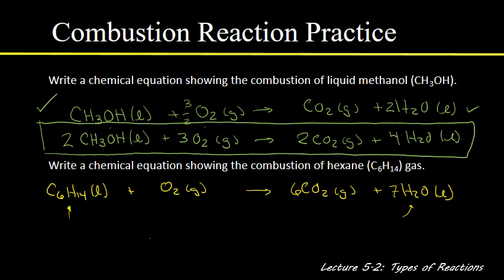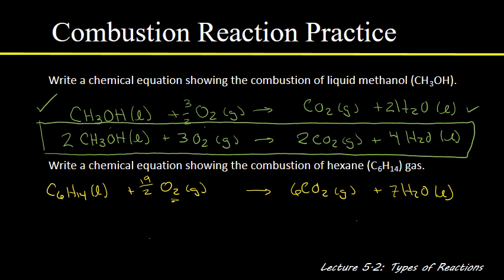Okay. And now if we count up our oxygens, we have 12 oxygens here and 7 oxygens here. So that's a total of 19 oxygens. Right. So if this needs to be 19 oxygens, and it's a diatomic molecule, the only way I can get that is if I use the fraction 19 over 2.